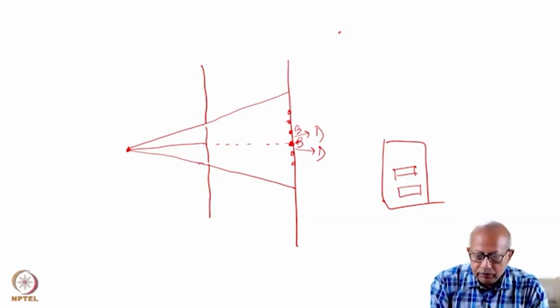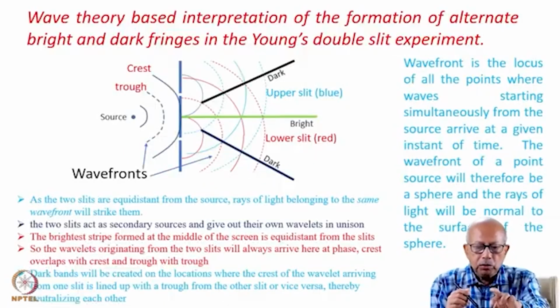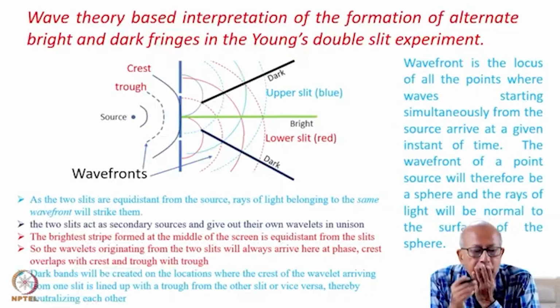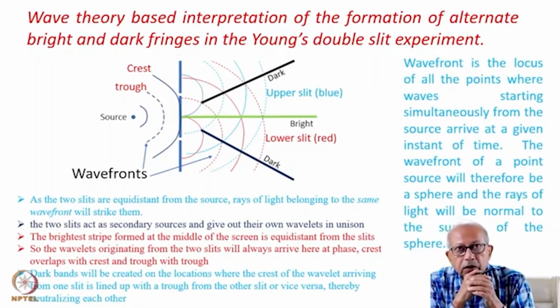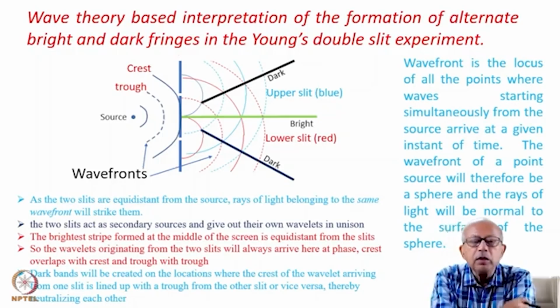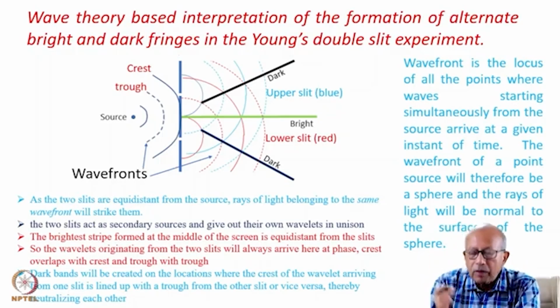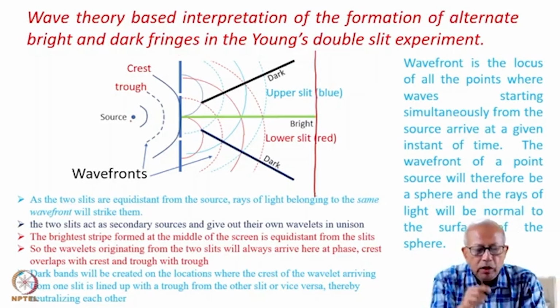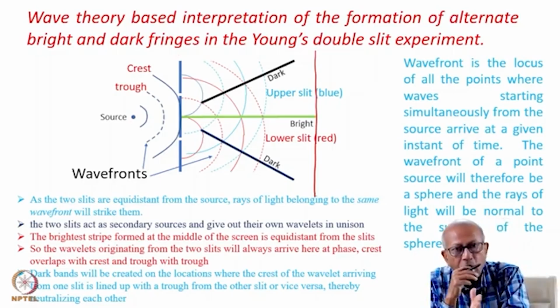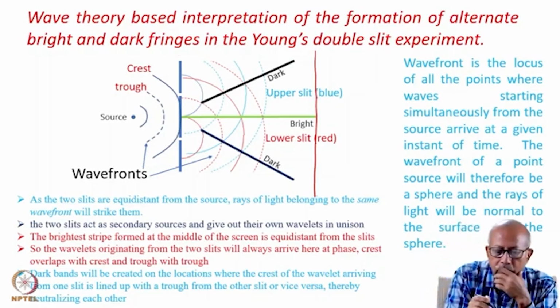So for this, let us go to this illustration, which is a wave theory based interpretation of the formation of alternate bright and dark regions on the viewing screen. You see, this is our screen, and this is the source, and we consider the wavefronts emanating from this source and moving forward.